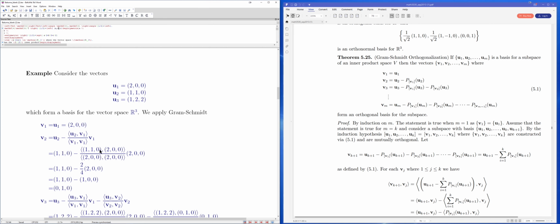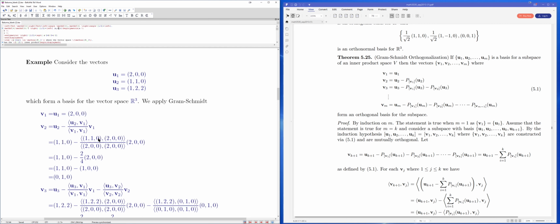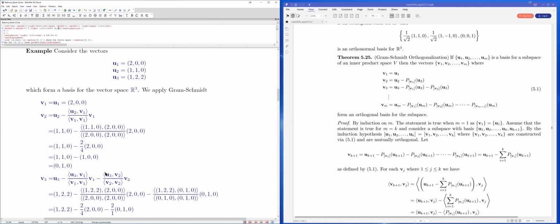Here I work out the inner products. The top inner product works out to be 2, the bottom inner product works out to be 4. That's against the vector v1, which is 2, 0, 0. So this is a half of 2, 0, 0, and half of 2, 0, 0 is 1, 0, 0. So I have vector 1, 1, 0 minus vector 1, 0, 0, which gives me 0, 1, 0. So that's the v2.